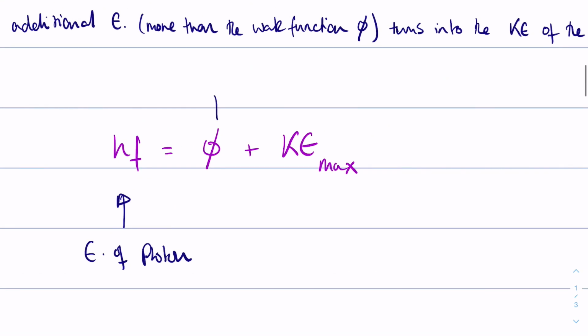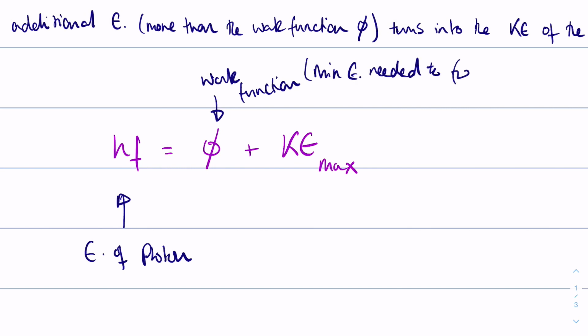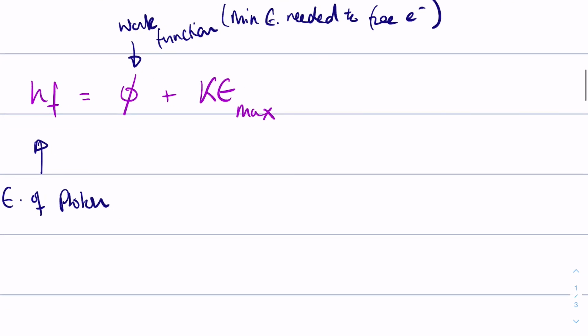The work function here is the minimum energy required to free an electron, and the maximum kinetic energy of the photoelectron.